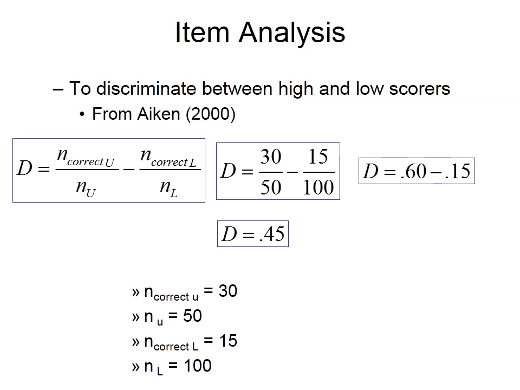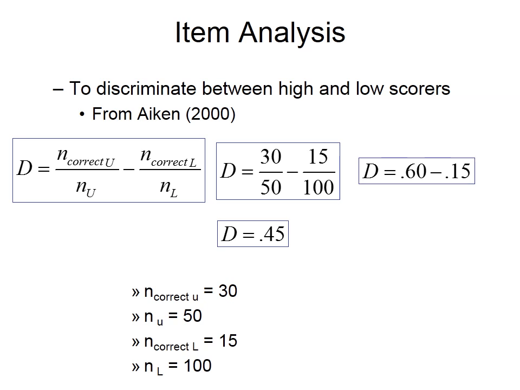In this case, we have 50 people in that group, and of that 50, 30 performed well. They got the item right, so 30 out of 50. That's the first half of the equation. Then we subtract the number of people that got it right divided by the total number in the lower group. There were 100 people in the underperforming group, and only 15 of those 100 got it right. So 15 divided by 100.